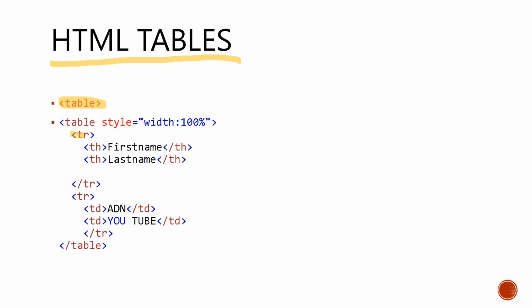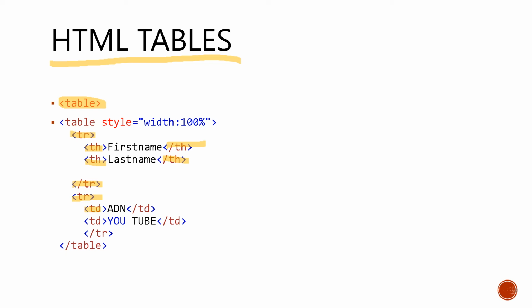Here tr means table row, th means table heading, with the close tags of the table heading and row. Here is another row.